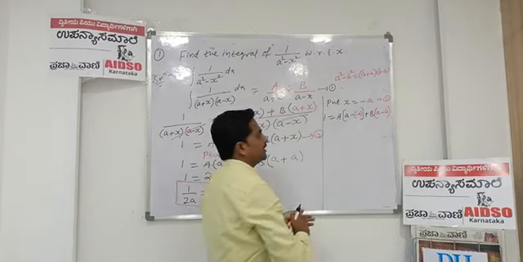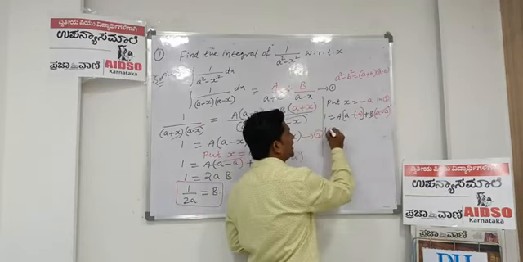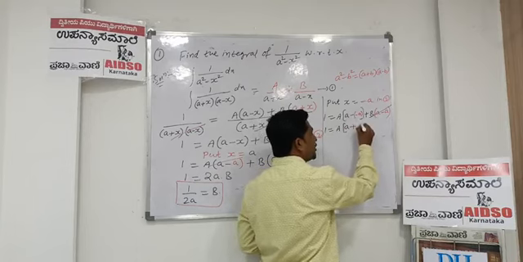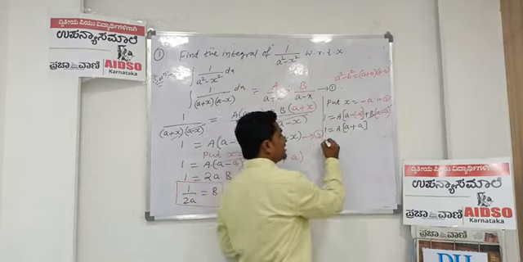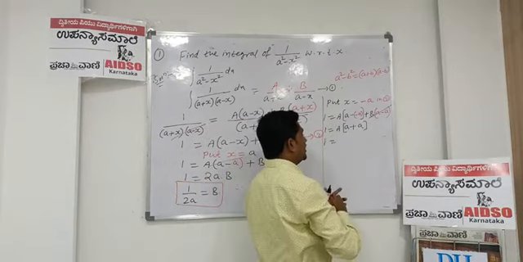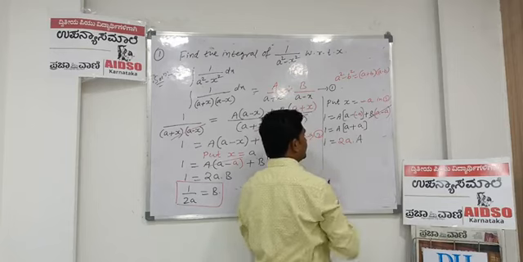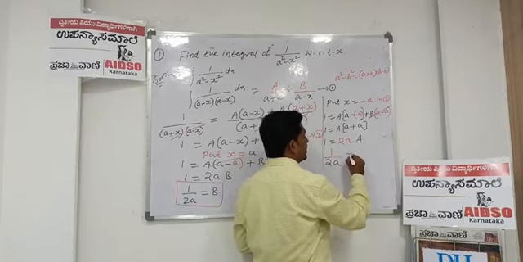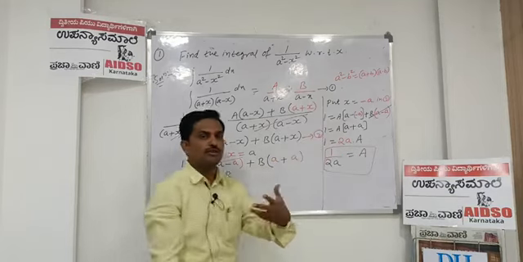So this entire part will get cancelled, and 1 is equal to a into, this is a minus into minus will be equal to plus a, and on further simplification a plus a will be equal to 2a into this a as it is, and 1 divided by 2a is equal to a, and this is how the value of a we have calculated.